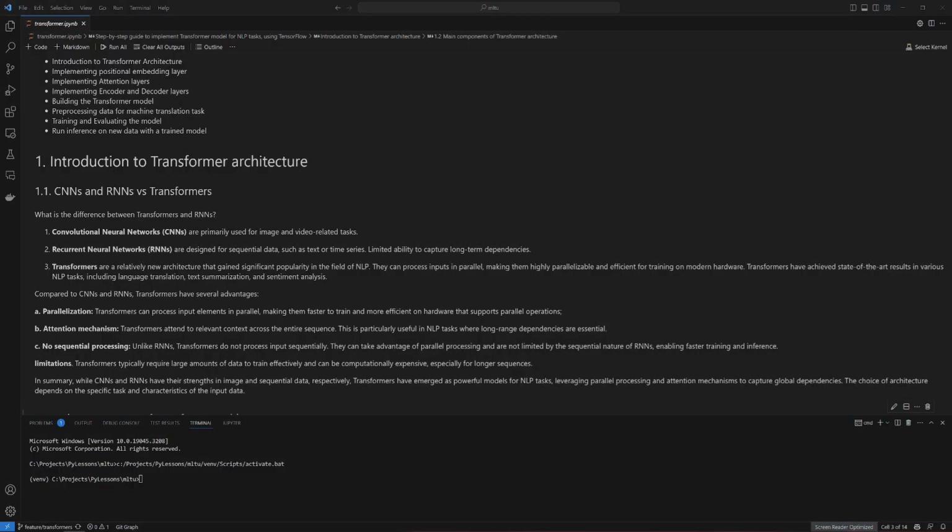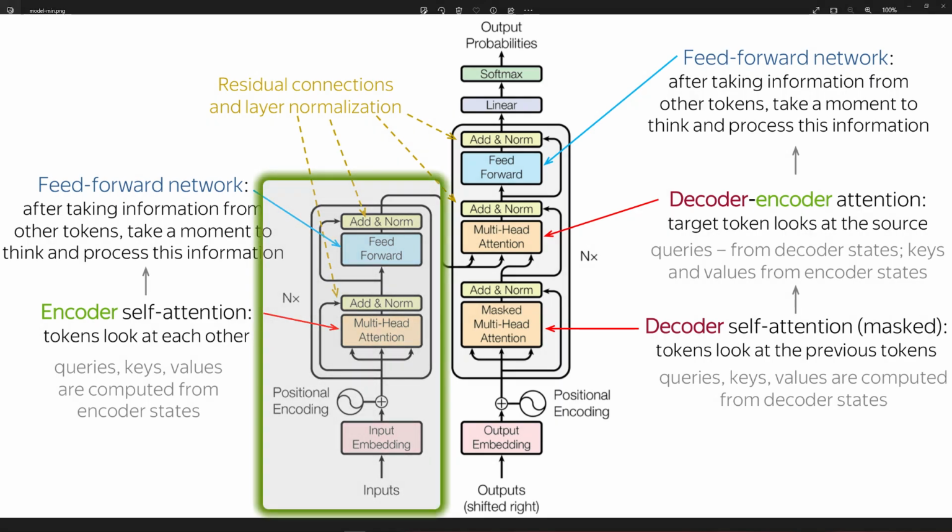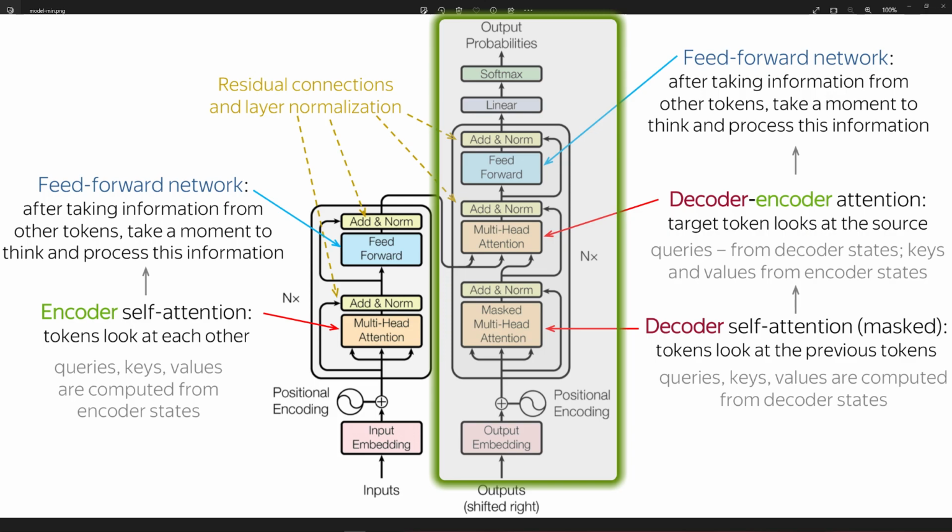So now we'll cover the main components of this architecture. I'll show you an image of the transformer architecture, and that's a pretty self-explanatory image, but let's go deeper inside of it and understand what it is and what each part does. So the transformer architecture is made up of two main parts, the encoder and the decoder on the right.